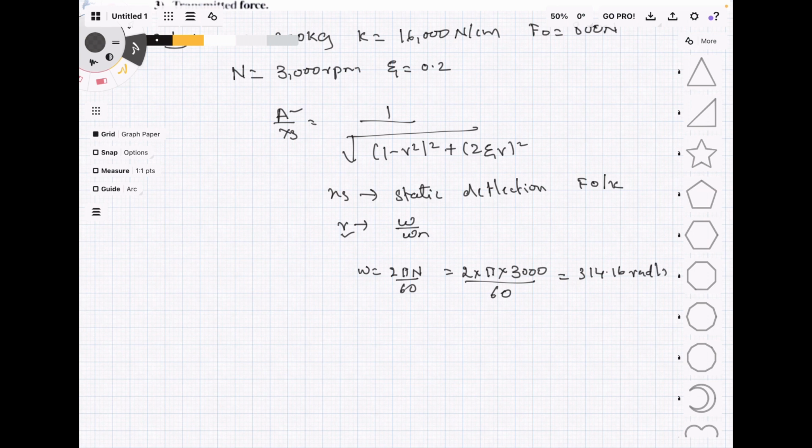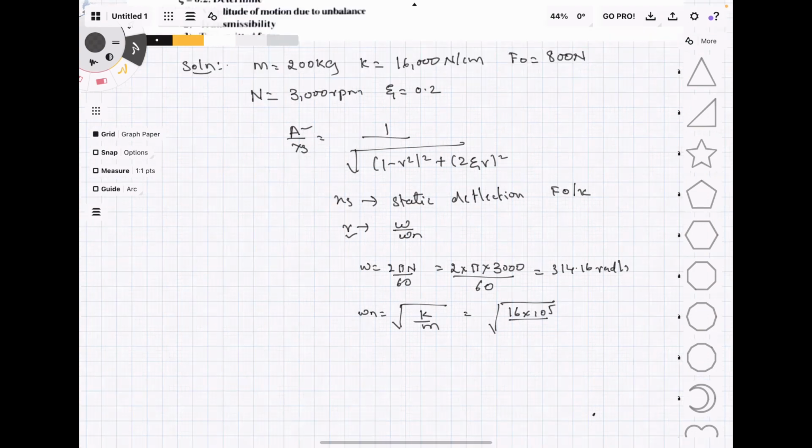Okay, so you need to find out the value of omega n. Omega n for a spring mass system is basically given as square root of k by m. So we need to convert this centimeter into meter. So this is 16,000, and if you convert it into meter, it becomes 16 into 10 to the power 5, divided by mass.